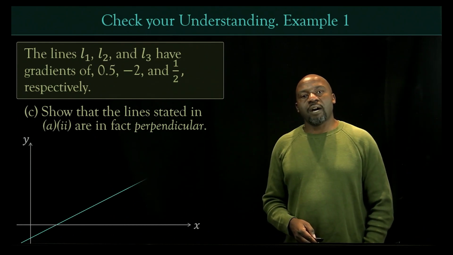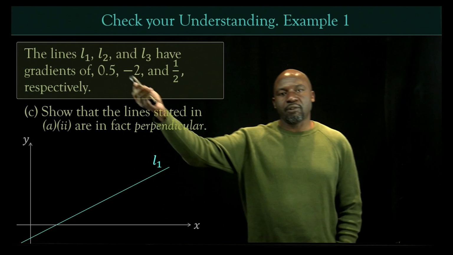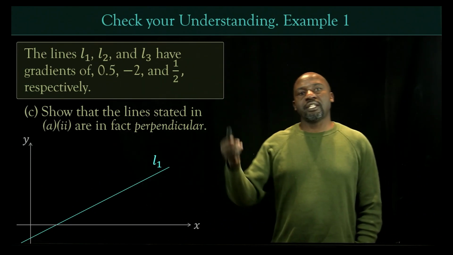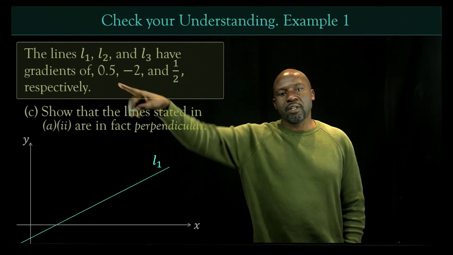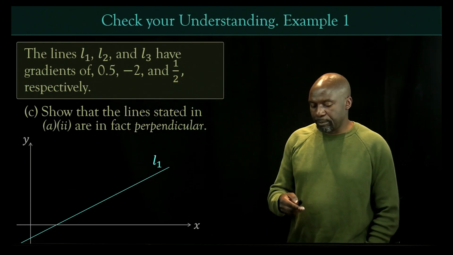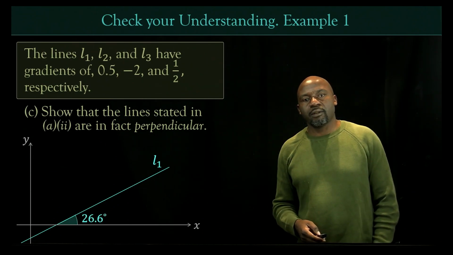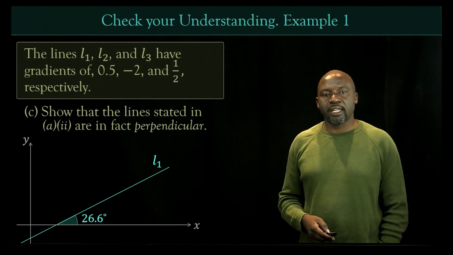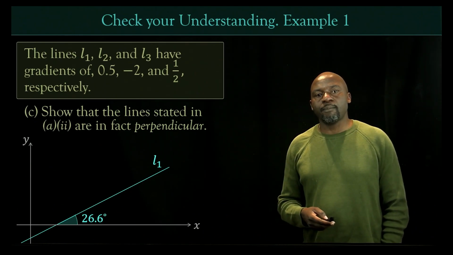Here is going to be our line. That's line 1, because line 1 has a gradient of half. It would be the same if you took 2 and 3. So line 1 might just look like that, and the angle that it forms is that, which we found to be 26.6, if you remember. You can rewind the video and see what we found earlier.